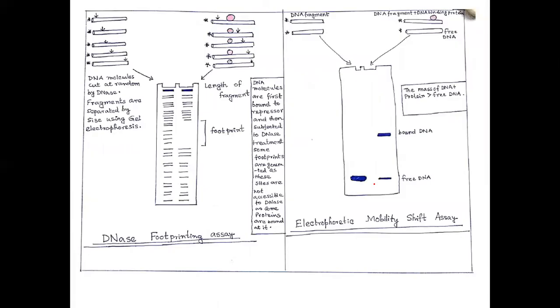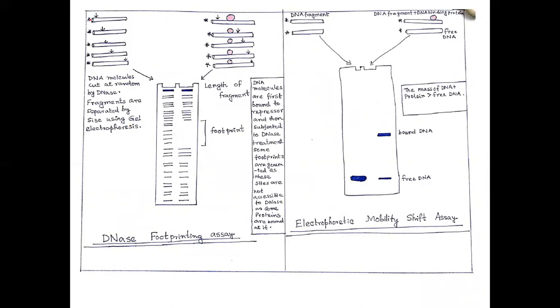Now coming to, suppose you are going to identify whether your DNA is bound with a protein or not. For that, we can perform two molecular techniques. On the left side, it is DNase footprinting or nuclease footprinting assay, and on the right side, it is electrophoretic mobility shift assay.